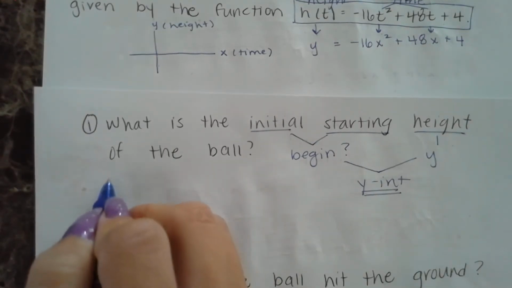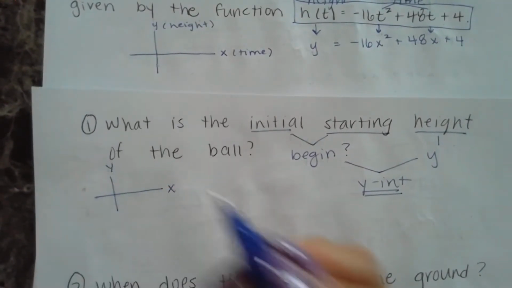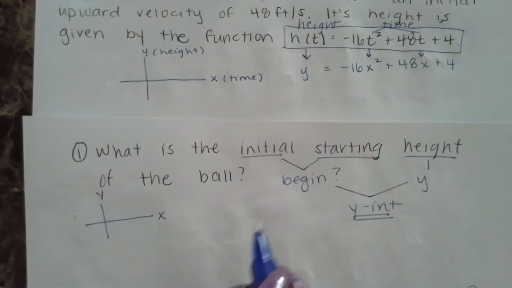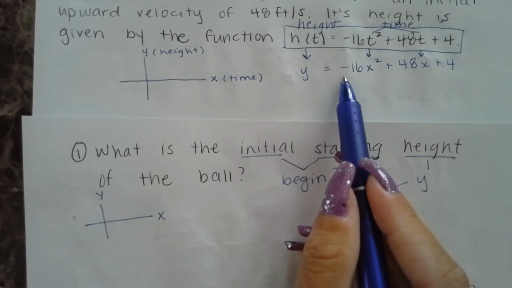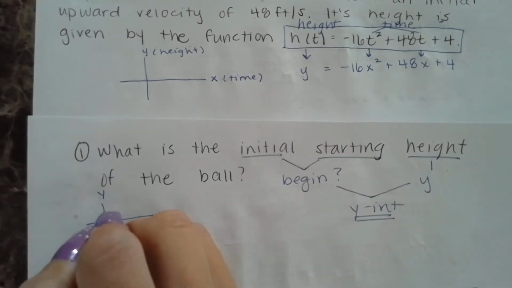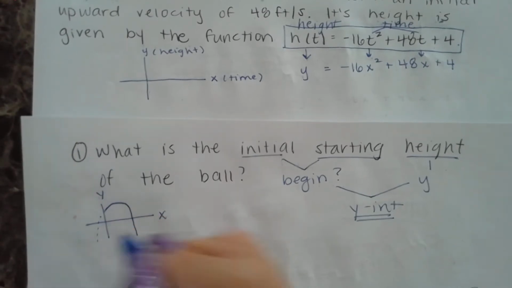If we want to think about this like a graph, so if we have our x and our y, we know that looking at our equation, our a is negative, so we know it's going to be concave down. So our graph is going to look something probably like this, okay?